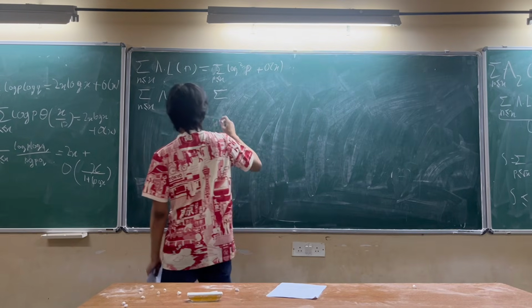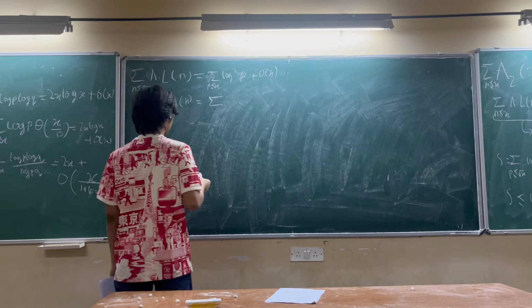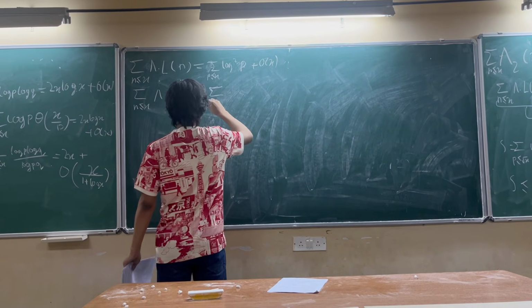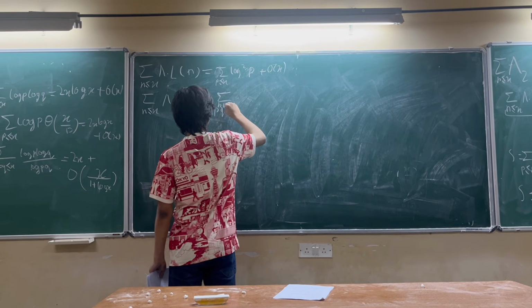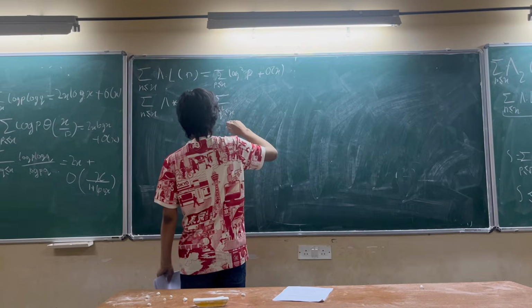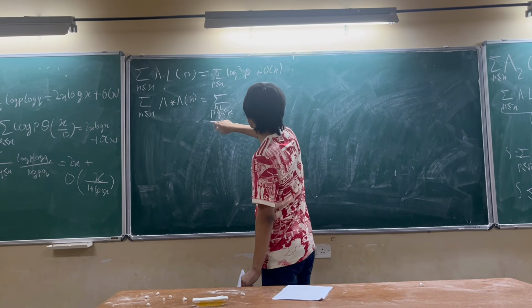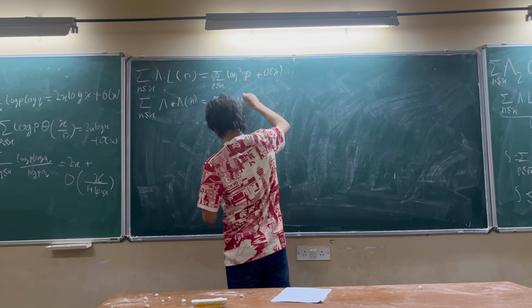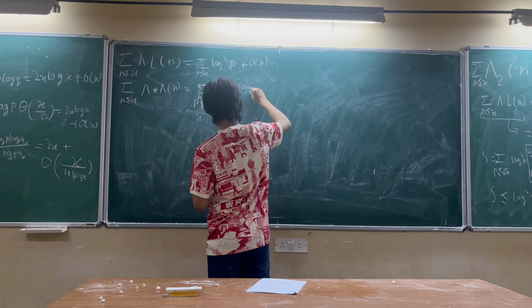So that's why if you have more than 2 prime divisors of n, you get 0. So that doesn't count. So that means this sum is essentially running over all those p^k q^l less than equal to x. These are all the numbers that have at max 2 distinct prime factors. This would be log p, log q.